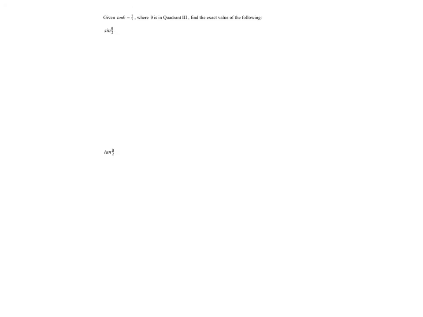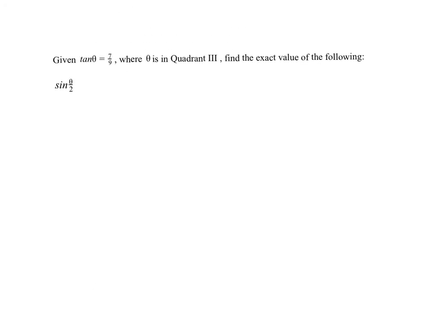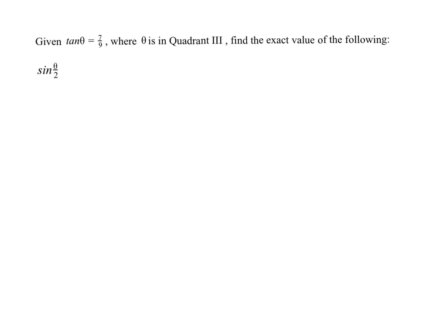So our last two examples, we're given that tangent of theta is 7/9, where theta is in quadrant 3, and we want to find sine of theta over 2 and tangent of theta over 2. So first we have to determine what quadrant we're going to end up being in. So if I have an angle in quadrant 3 and I want to find its half angle, I am not actually going to still be in quadrant 3.